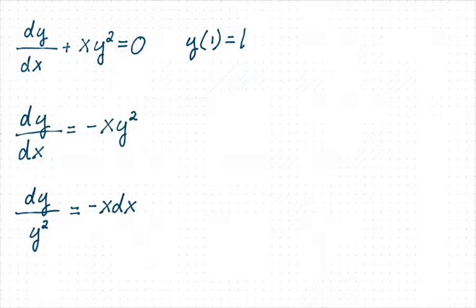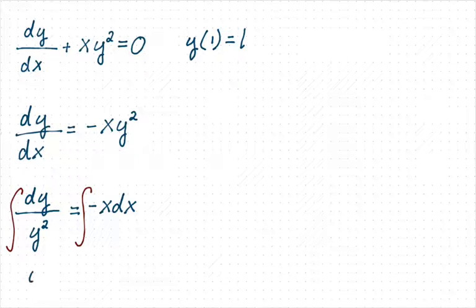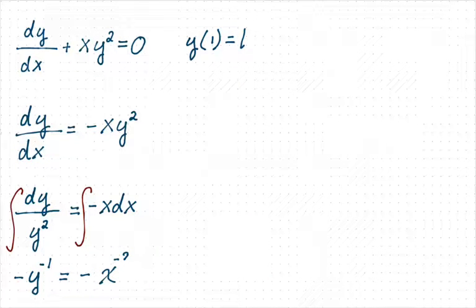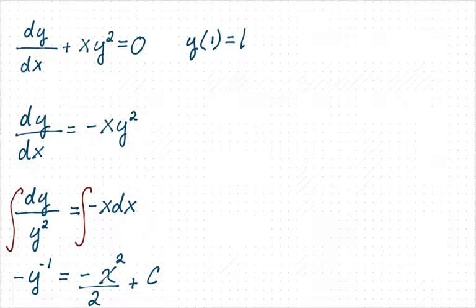So now we'll integrate both sides. This will be y to the negative first times negative 1 equals negative x to the second, not negative second, over 2, plus c.